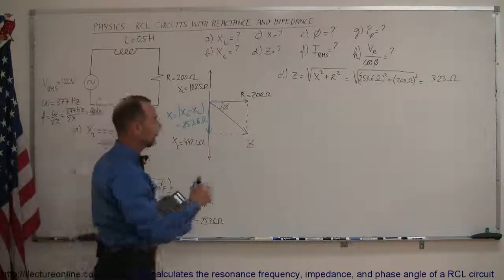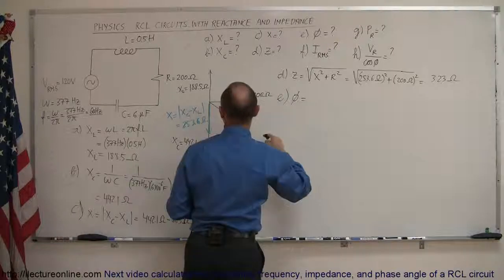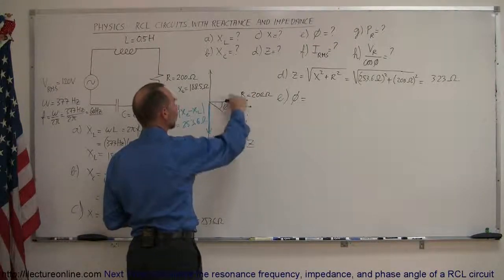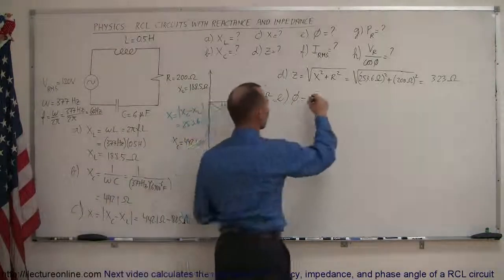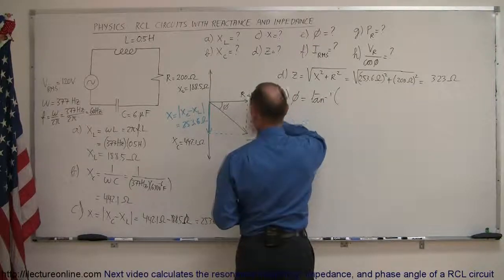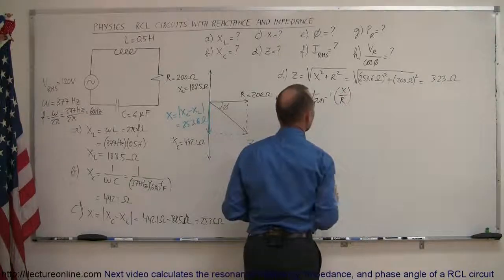Okay, the next part, E, we want to find the phase angle. The phase angle is this angle here that shows how the voltage here lags the current by an angle phi. And so we can find that by taking the arctangent of the opposite side, which is the reactance, divided by the adjacent side, which is the resistance.